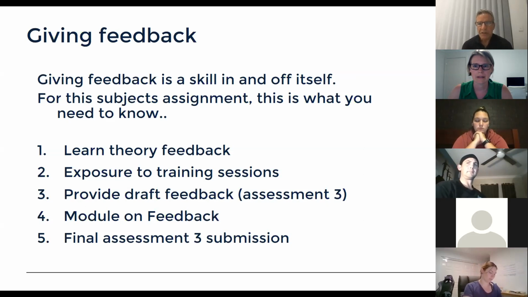So Michelle has asked, will there be a revised subject outline put up onto Moodle with all this outlined? The answer is yes, Michelle. We're actually in the process of doing that. Because it means that we have to revise the exam for the subject, I have to get that approved by the head of discipline. And so we have put in a suggestion for how we want to revise the exam.